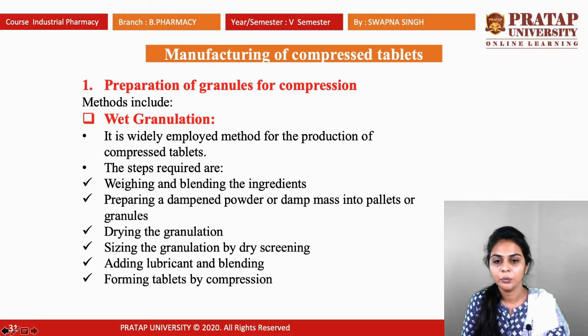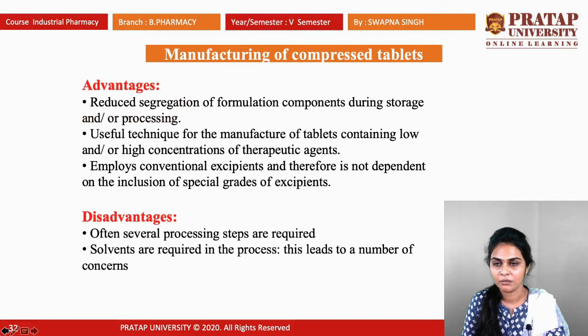The screening should be done under different mesh size screens. It depends on the tablet properties. After screening, lubricants and blenders are added to the granules, and then tablets are formed by compression.